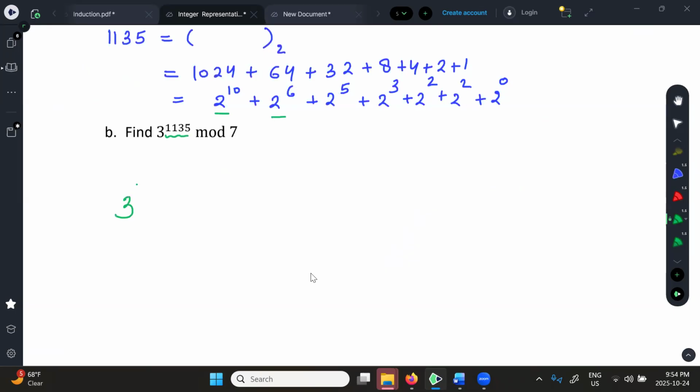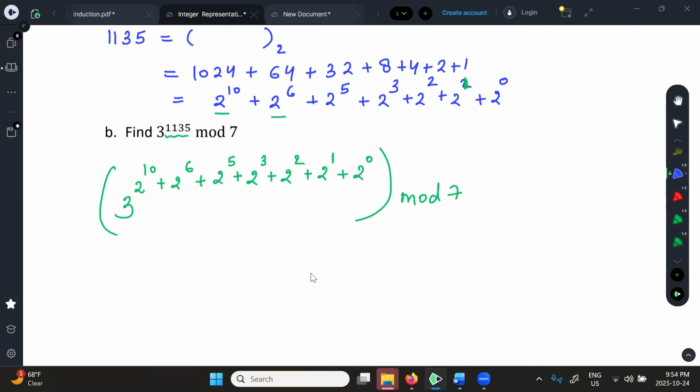If I write it like this, it is 2^10 plus 2^6 plus 2^5 plus 2^3 plus 2^2 plus 2^1, oops, my bad, plus 2^0, right? And then I'm doing the whole thing mod 7.